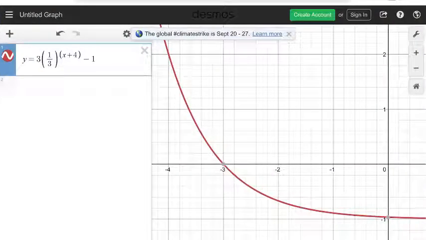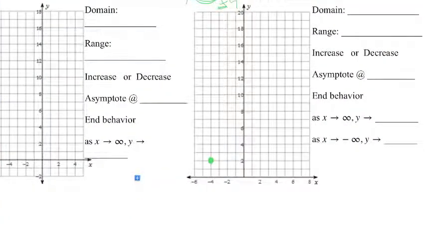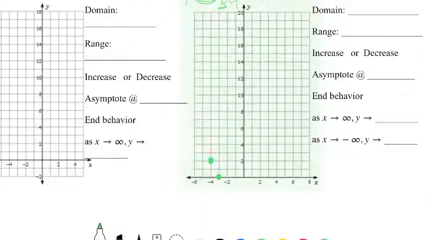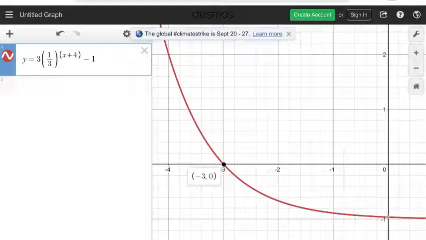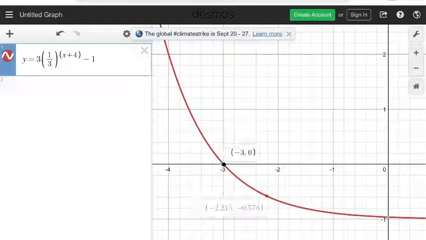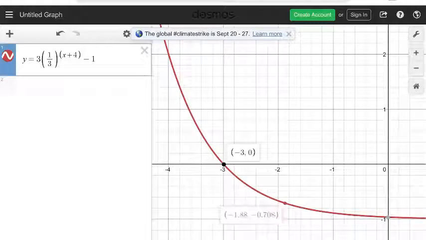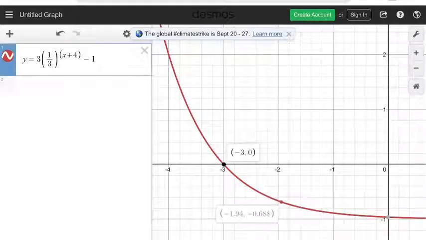Then I've got an exact point at -3, 0. So -3, 0. I'm going to drag my dot, see if I can get another exact point.